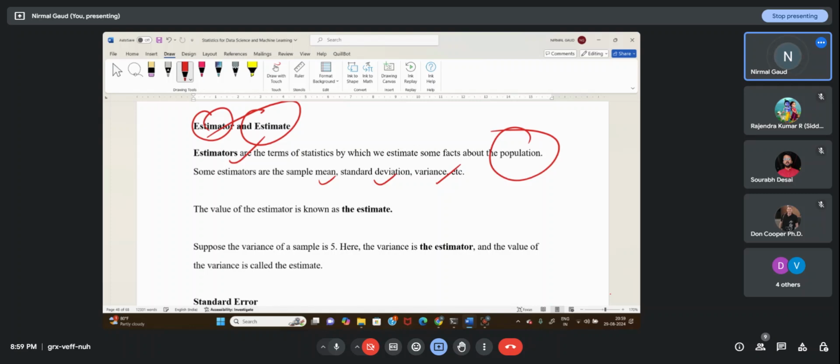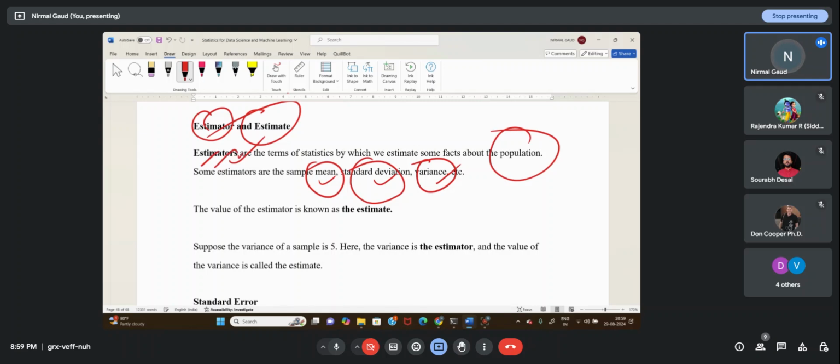In maths, there are math terms. So if you want to say something about the data, there are estimators. I can calculate mean, median, mode, variance, and standard deviation.